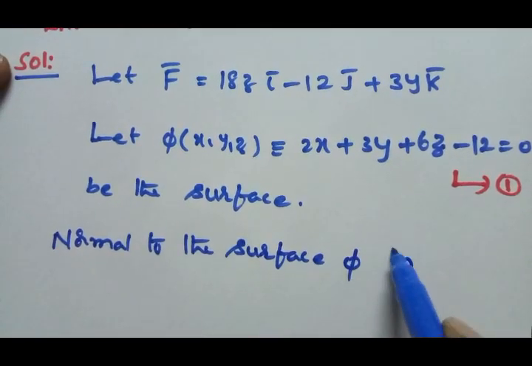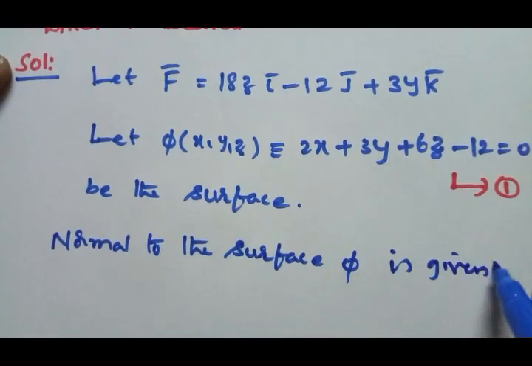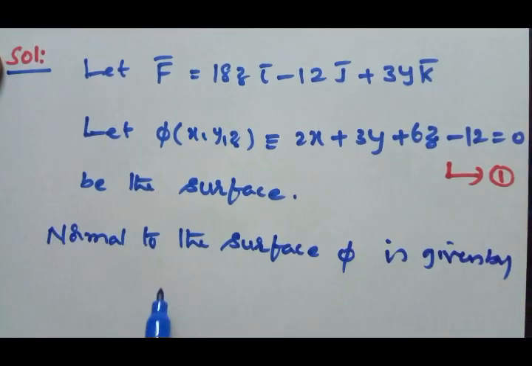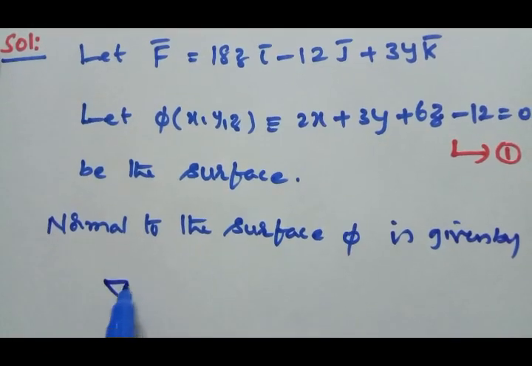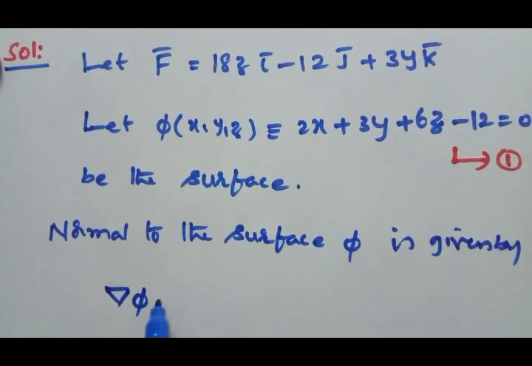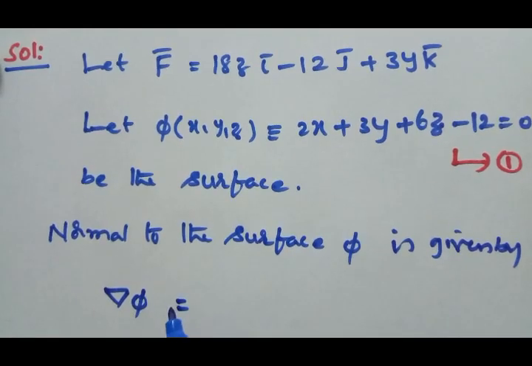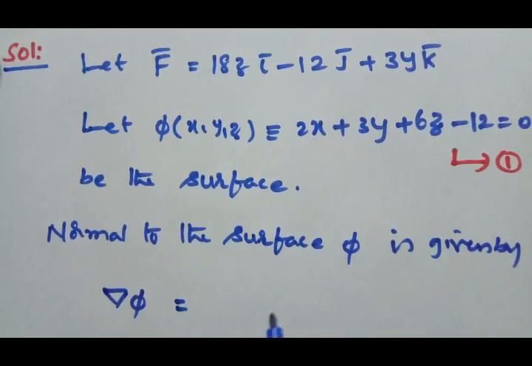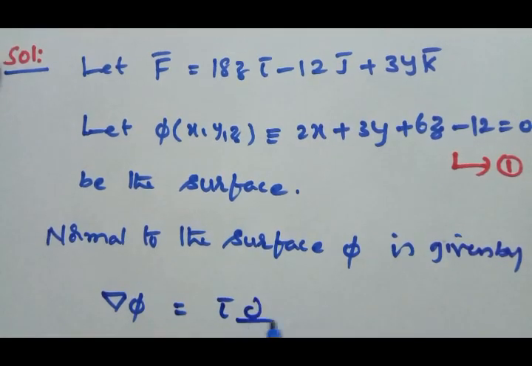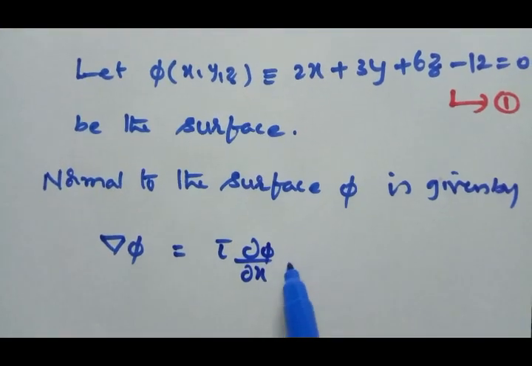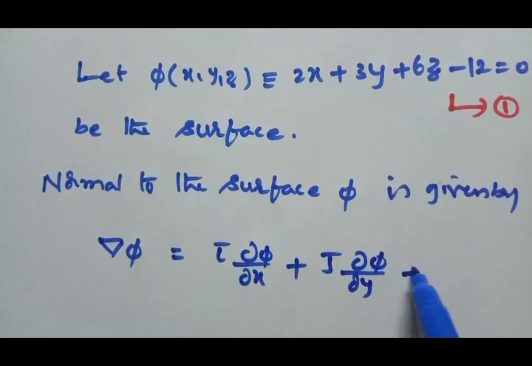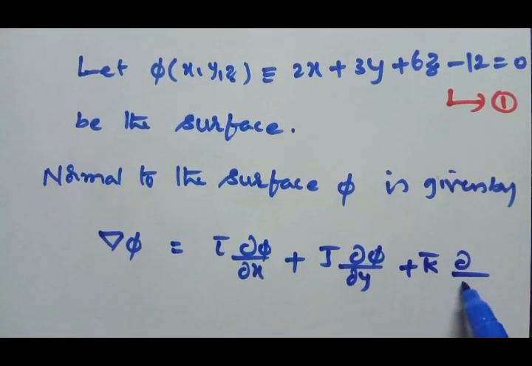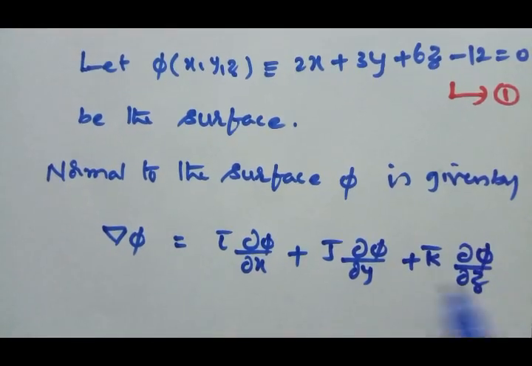The normal to the surface phi is given by del phi. We know that in the previous unit vector differentiation we already explained that del phi is the normal vector to the surface. Therefore del phi is i bar dou by dou x of phi plus j bar dou by dou y of phi plus k bar dou by dou z of phi.